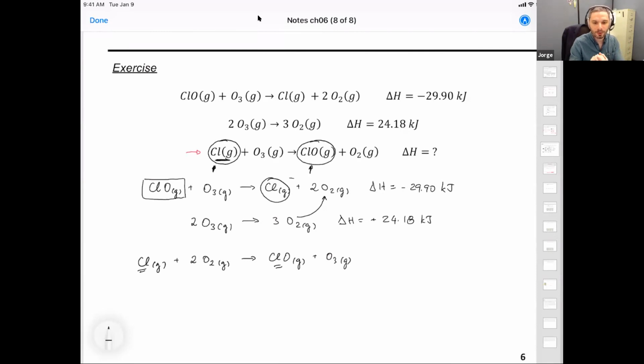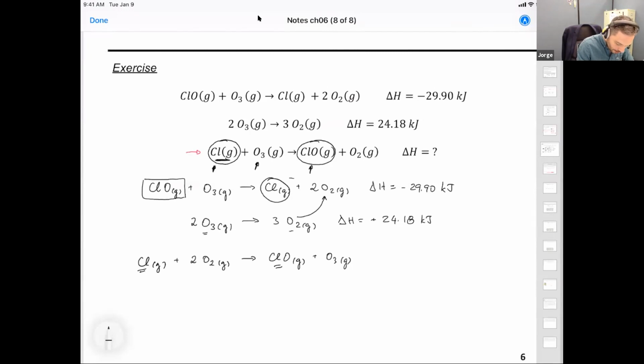Okay, so look at the problem reaction and look at the individual steps, and then flip or multiply the individual reactions to reflect what you were looking for. Now let's look at the second reaction and let's see if we need to flip it or not. For the second reaction, we have ozone as a reagent, and that matches what we have in the problem.